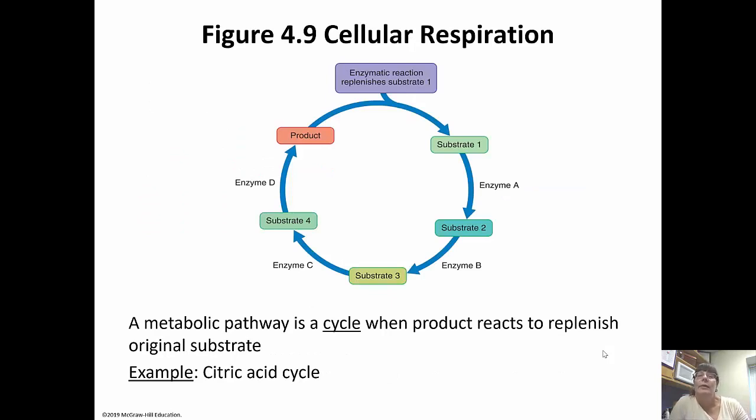So metabolic pathways are cycles. A product reacts to replenish the original substrate. So the citric acid cycle is an example. You start with one substrate, and then an enzyme catalyzes it to the second substrate, another one to the third, and so on. So you have all these enzymes catalyzing each step of the cycle.